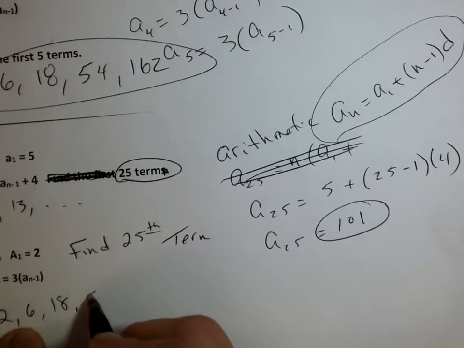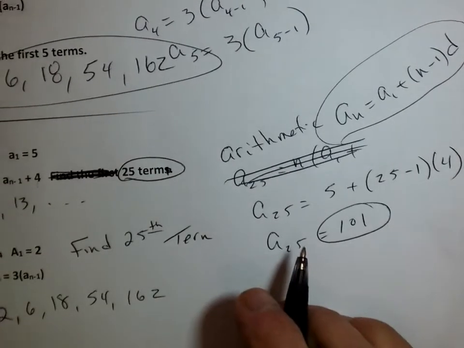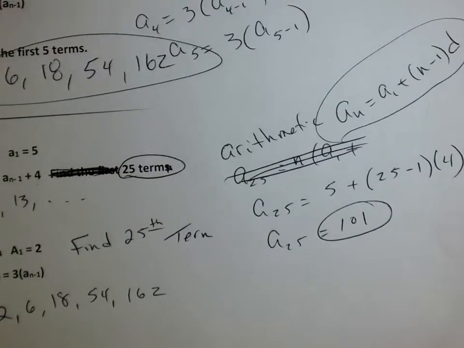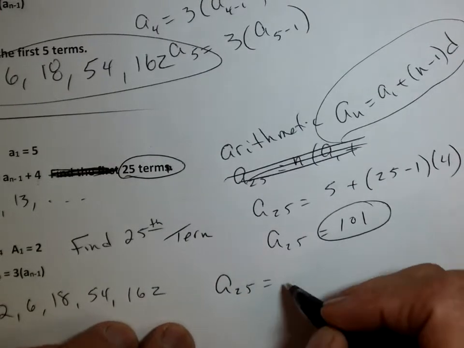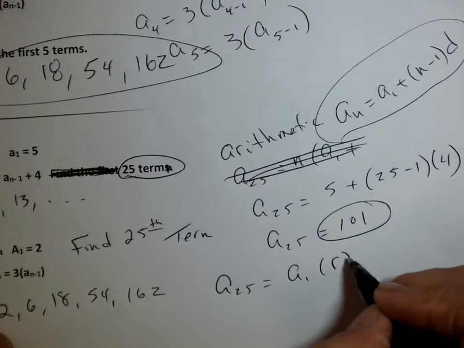Multiply by 3 and get 54. Multiply by 3 and get 162. This is exactly what we did up here. Now, if I want to find the 25th term, I keep multiplying, multiplying, multiplying. Or I can remember that there's a formula. Yeah, there's a of 25 is equal to a1 times r to the n minus 1 power.